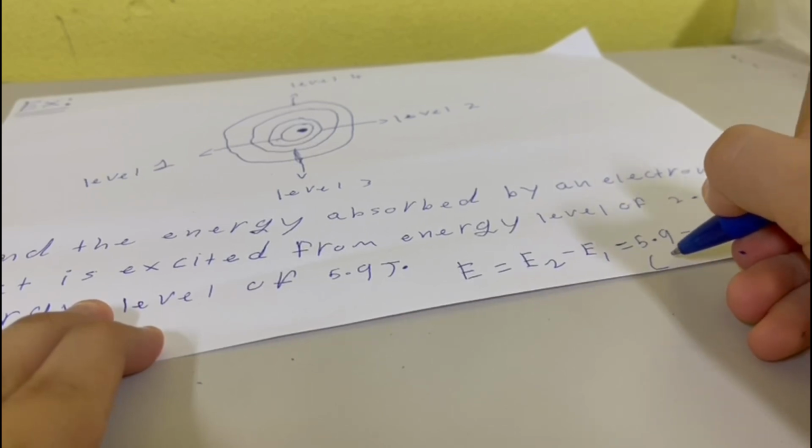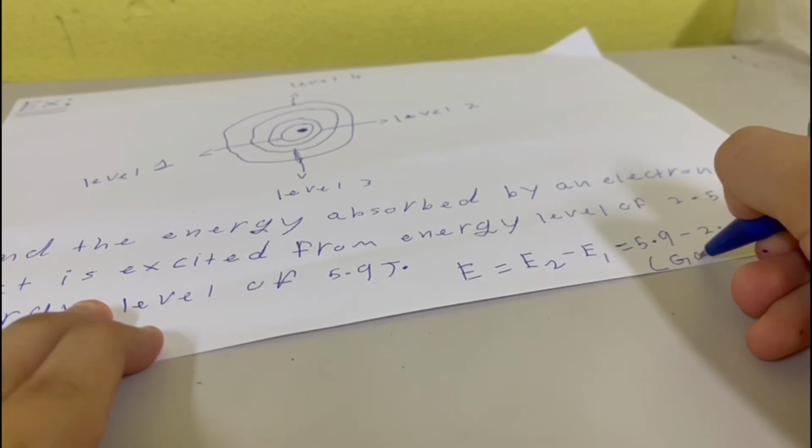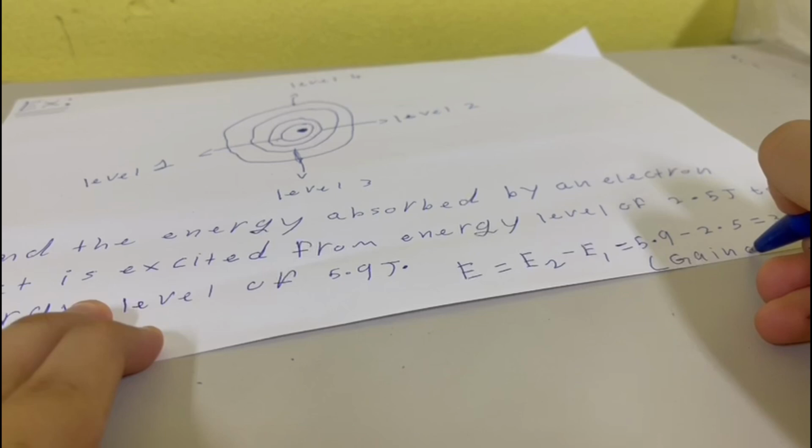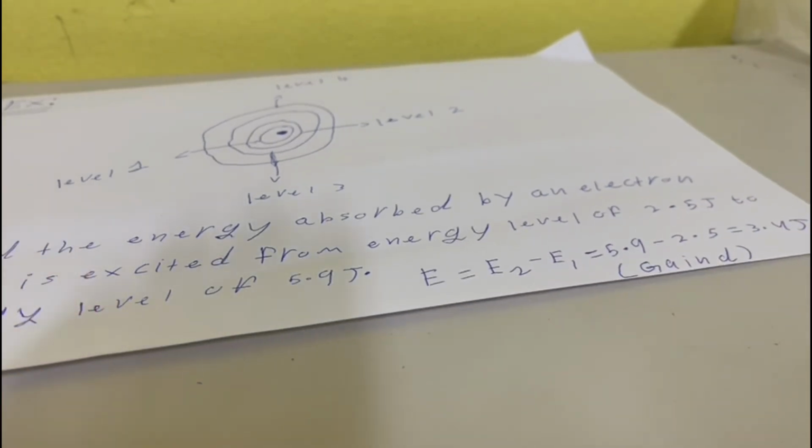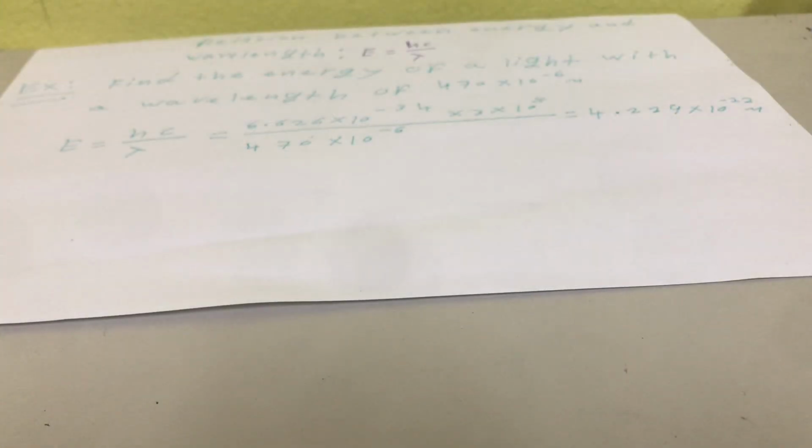We open parentheses and say gained, because the energy here is positive, 3.4 joules positive. If it's negative, we say lost, because here we are asking about energy.